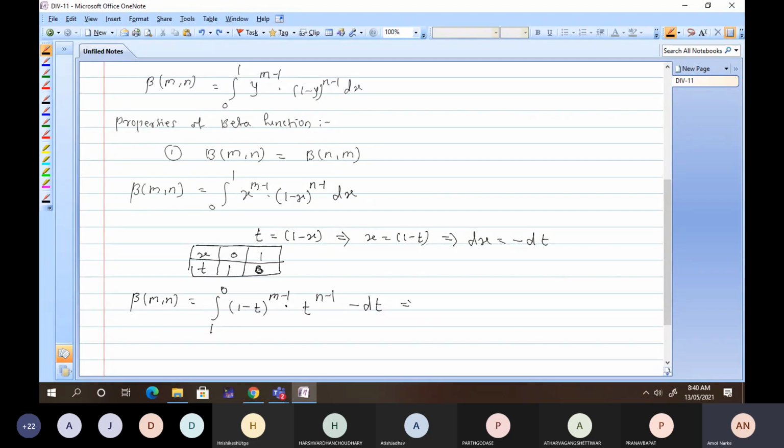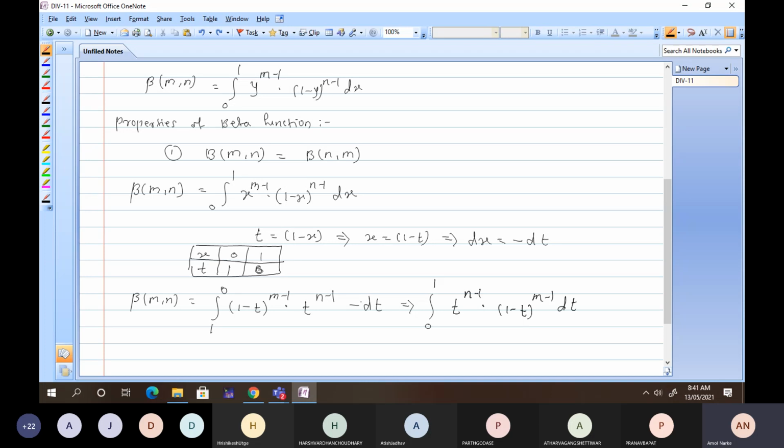Now I can also write this as integration 0 to 1, first t raised to n minus 1 into (1 minus t) raised to m minus 1 into dt.